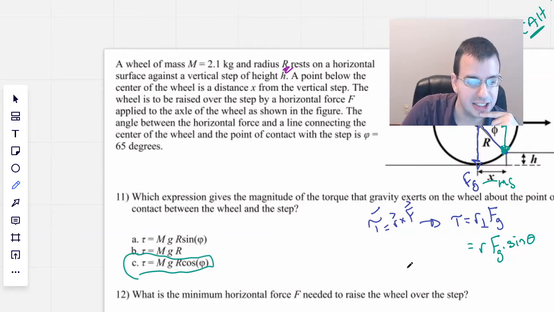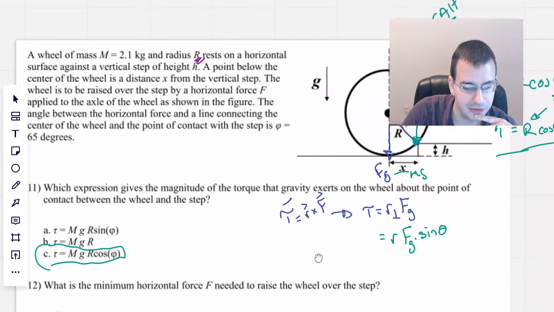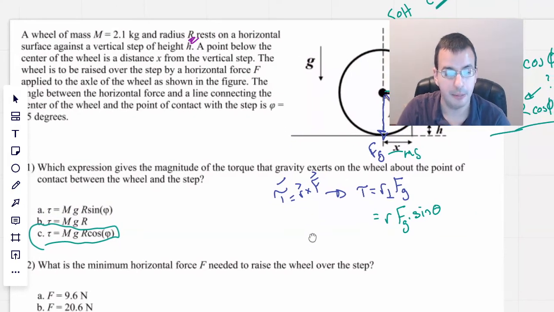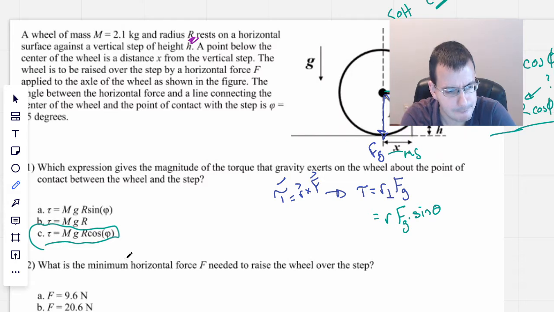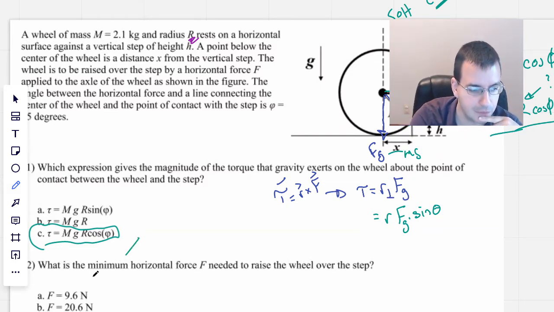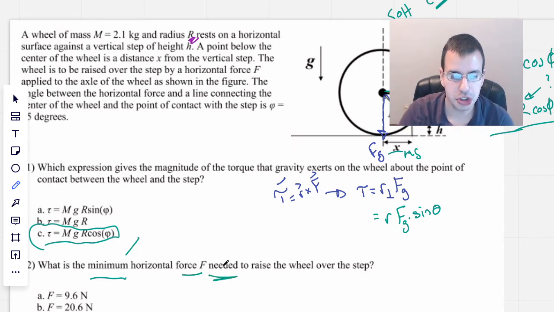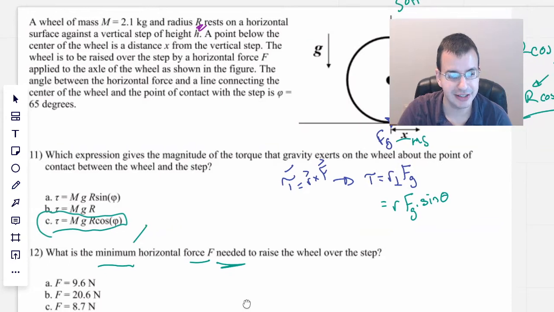Second part: what is the minimum horizontal force needed to raise the wheel above the step? When you see something like minimum force needed, what you should really think of is 0.